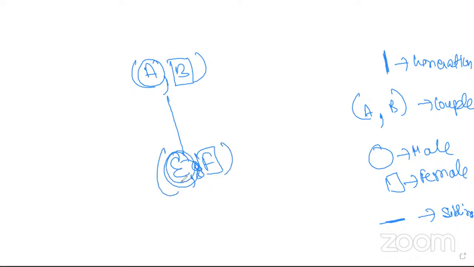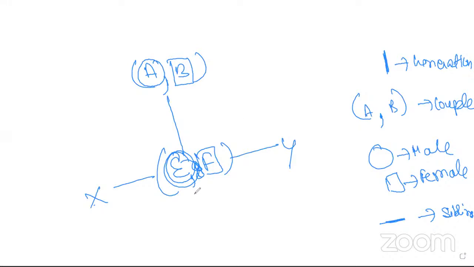E is circle and F is square. So F is female. So A and B have a son E, whose wife is F. Now E has a brother. So for sibling, what we'll do? We'll use a horizontal dash X. F also has a brother or sister. So now if F has a brother or sister, do it from F side. Y. This means X is a brother or sister of E and Y is a brother or sister of F.